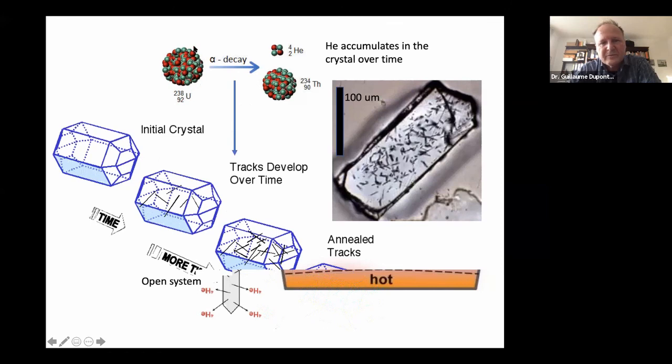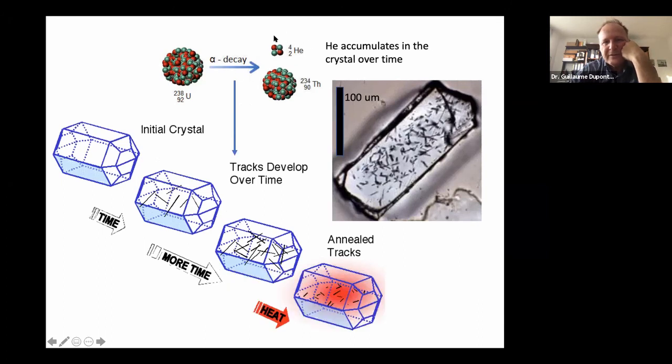So when you have, for example, uranium, a big, very unstable atom, and when it radiogenically forms thorium, you will also have helium formed, and this helium will accumulate in the crystal. Okay. At the same time, you release an alpha particle, and this particle will make a track in your crystal.